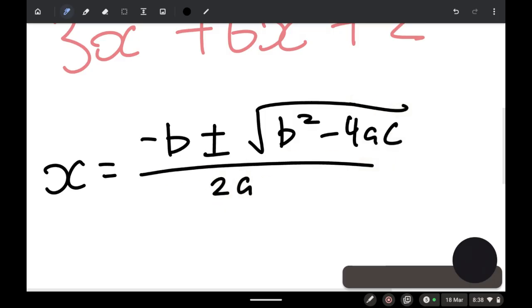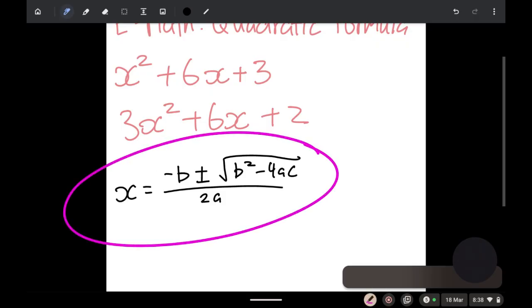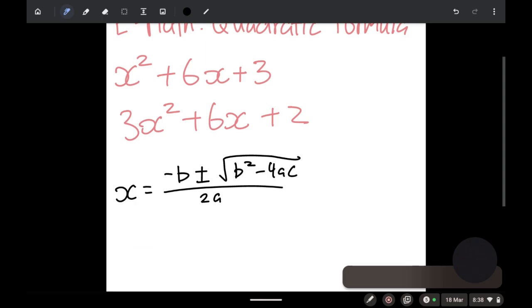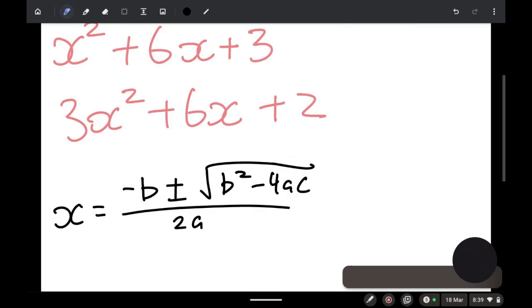Okay, so this is what we call the quadratic formula. So how do we know which one is A, which one is B, and which one is C? Okay, so according to math, A is your first number or the coefficient of x squared.